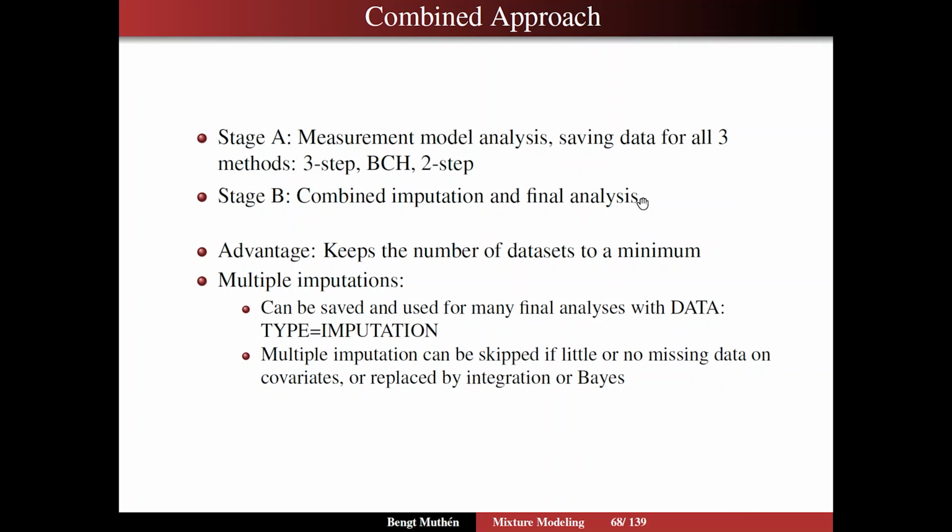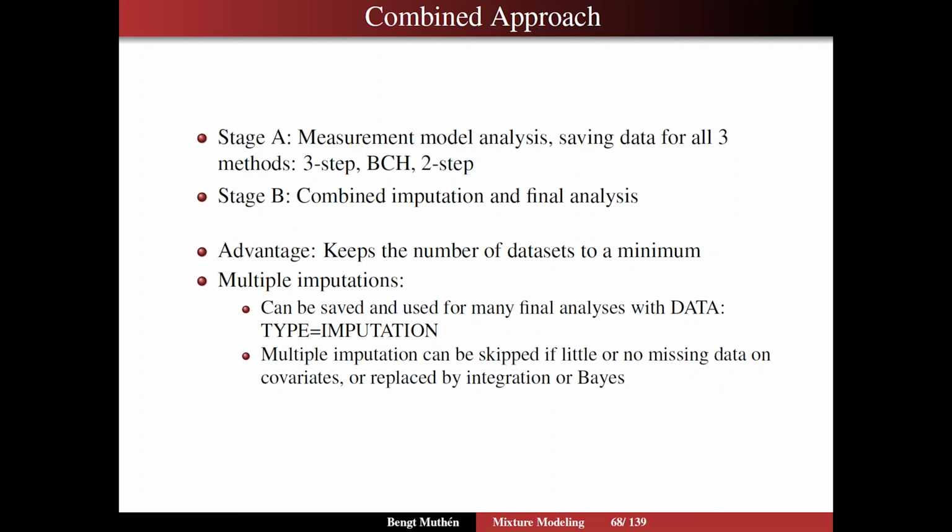So the reason for doing that is that one key advantage is gained by keeping the number of data sets to a minimum, as you will see. Now, you can also imagine when you have imputation needs that you want to do the imputation in a separate step.